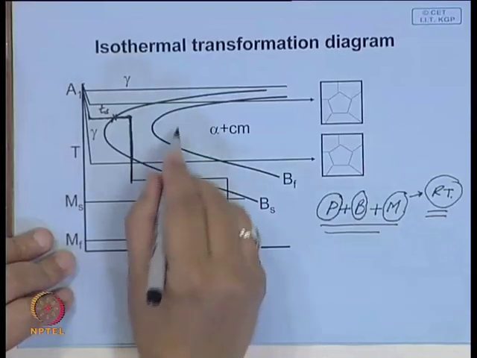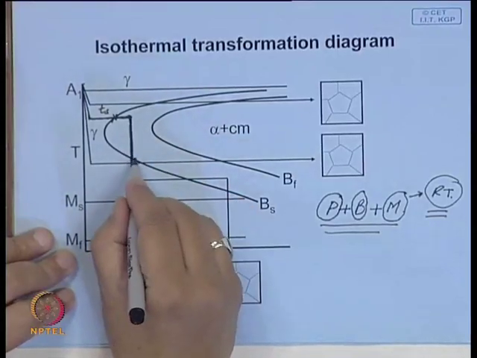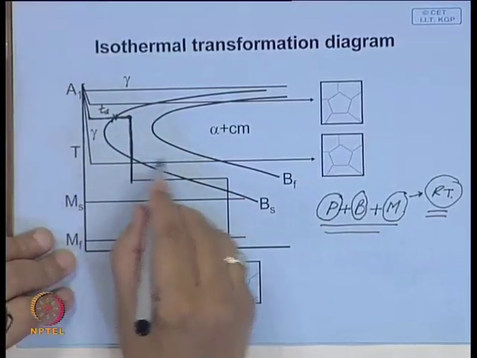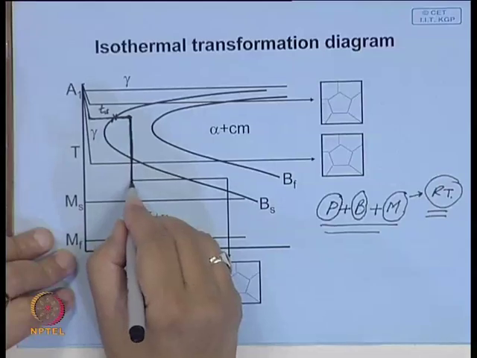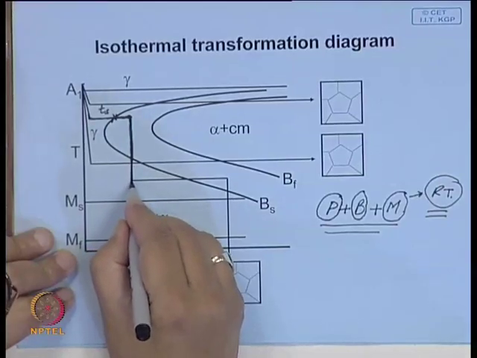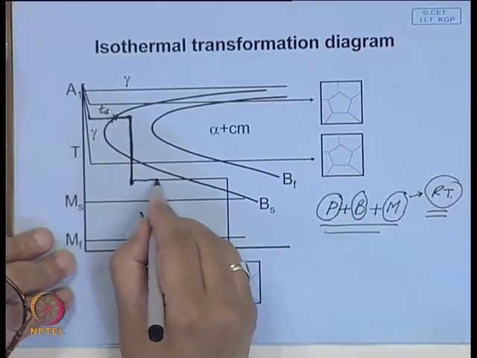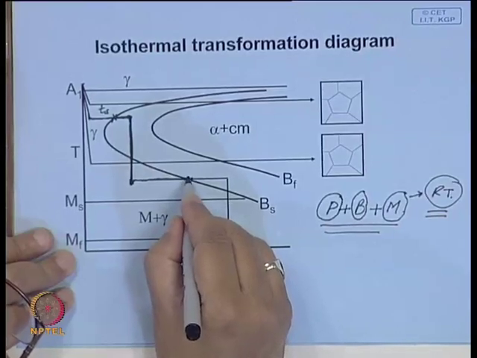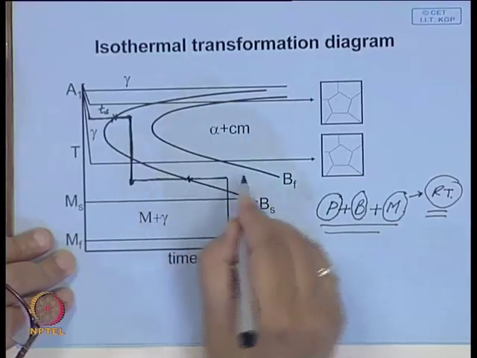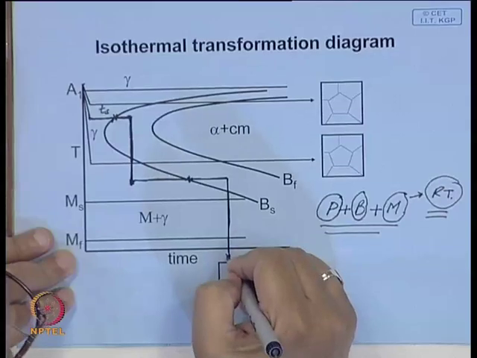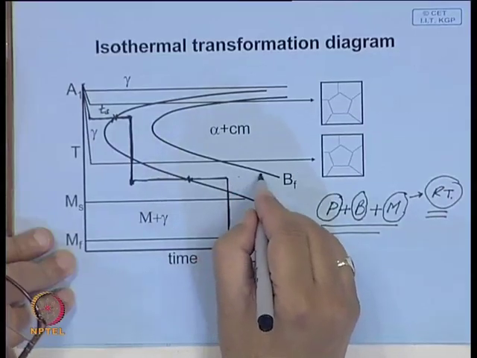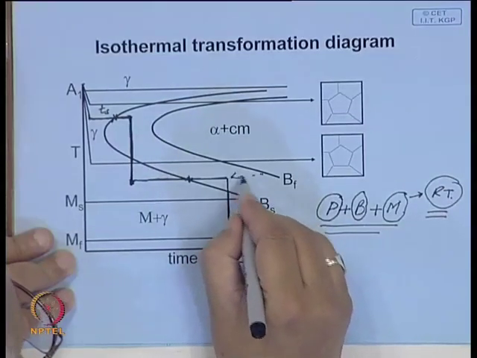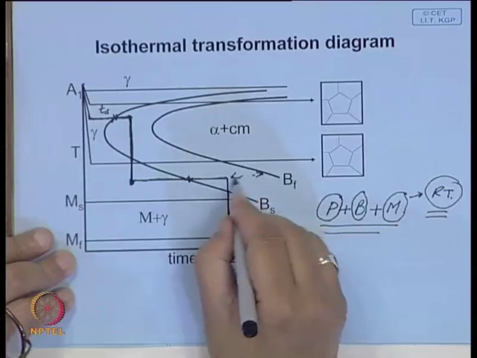This C curve represents that unless you have a hold time here, the transformation cannot take place. So, what you do? You come over here, then you hold until bainite transformation starts. Here the bainite starts, keep it for some time, then you quench, and mind you, this portion is untransformed.